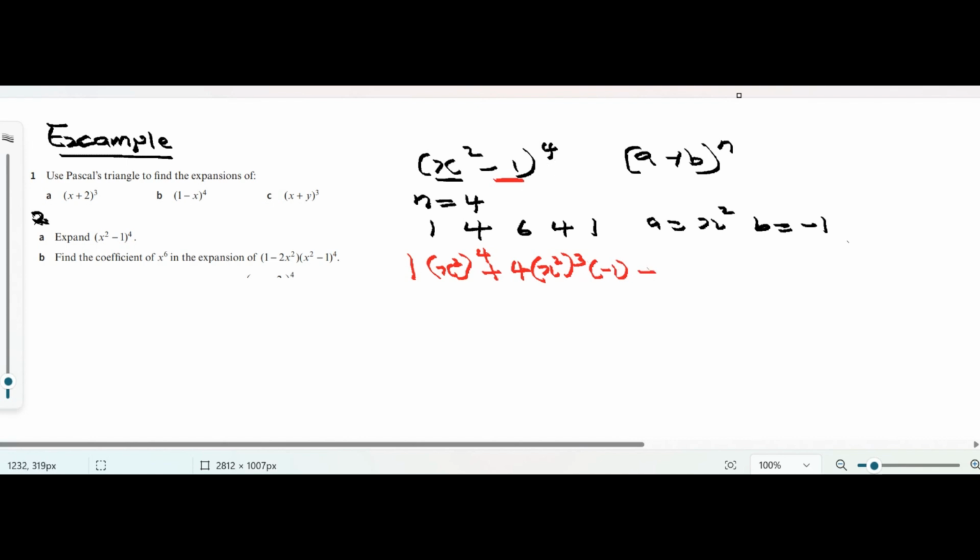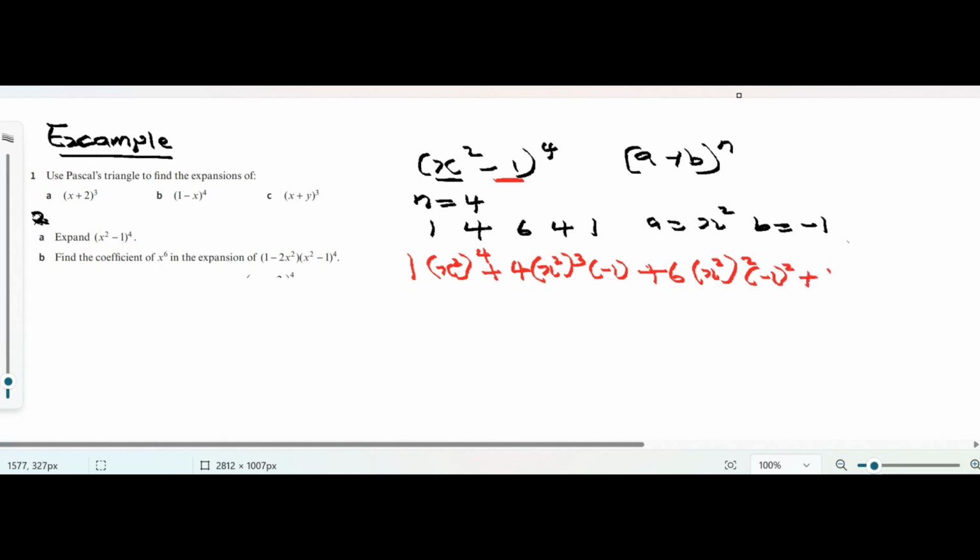Okay, plus I'm going on to 6, I pick my a, which is x squared, and the power now will be 2, and b will be to power 2, which is minus 1 squared.